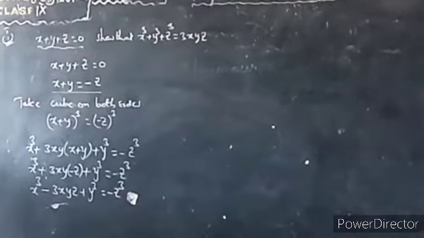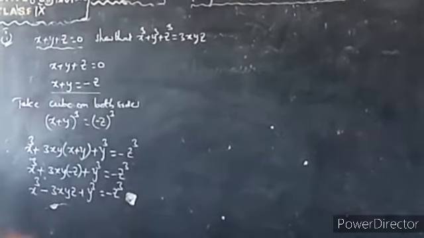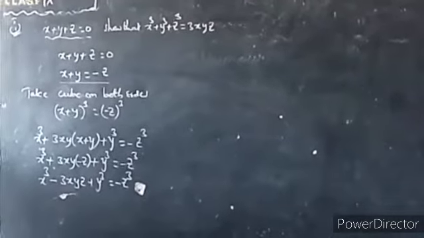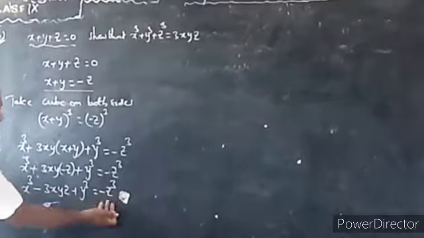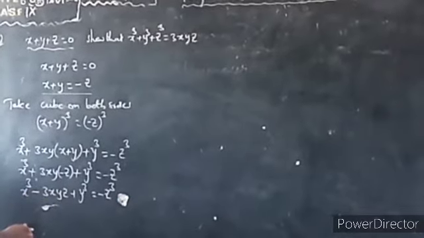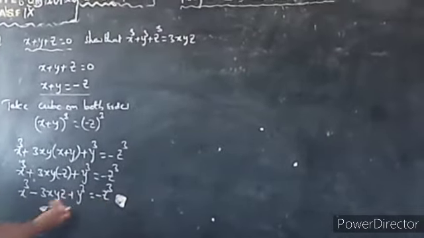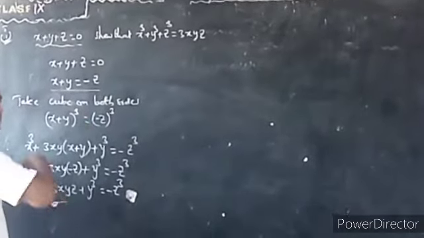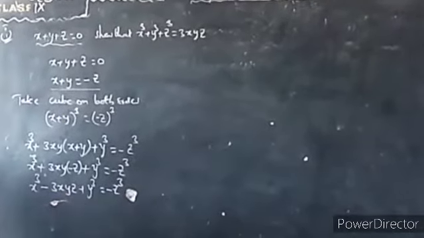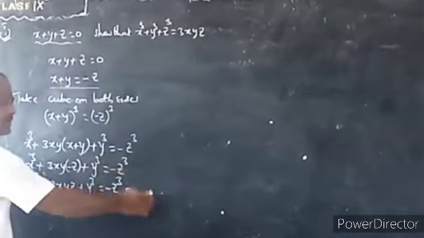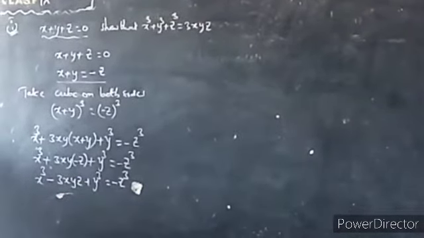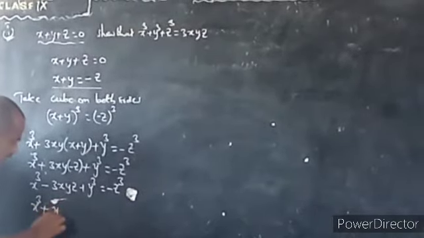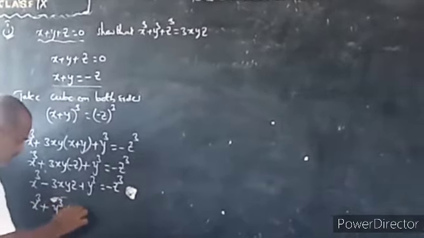But what do we want? We need to show x cube plus y cube plus z cube. So the minus z cube is transposed to the left side and becomes plus z cube. We do not need this 3xyz on the left, so it is also transposed to the right side, and minus 3xyz becomes plus 3xyz. So x cube plus y cube plus z cube is equal to 3xyz.